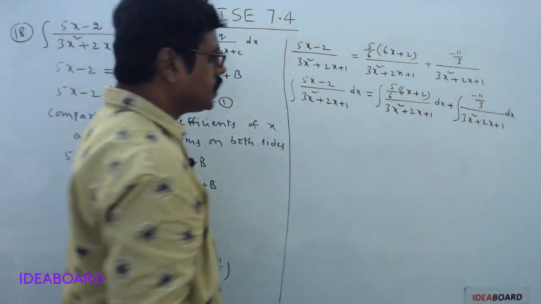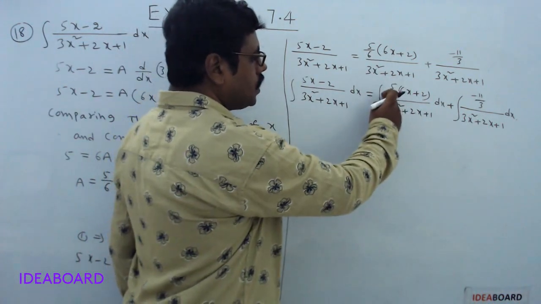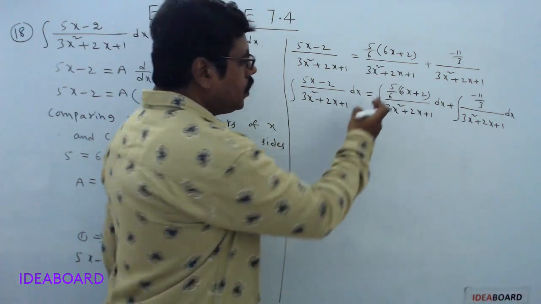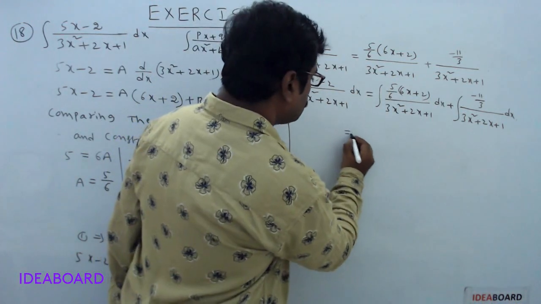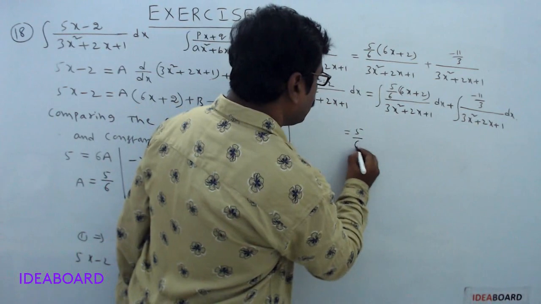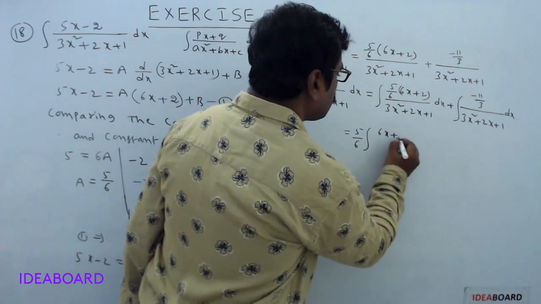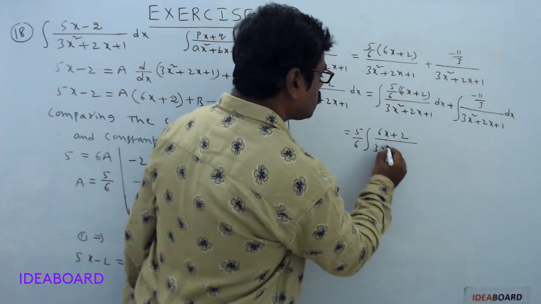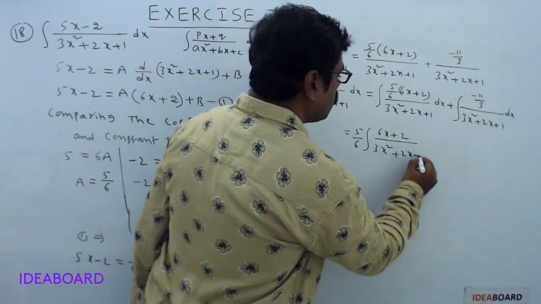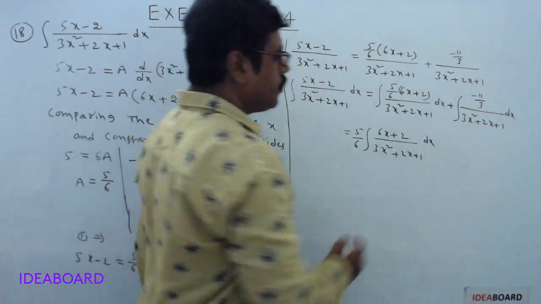Now come to the simplification. In the first term, 5 by 6 is the constant term. So you can write down this constant outside of integral. This is 5 divided by 6 into integral 6x plus 2 divided by 3x square plus 2x plus 1 dx.